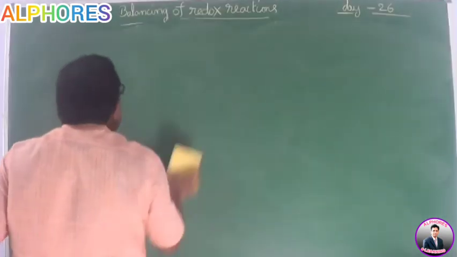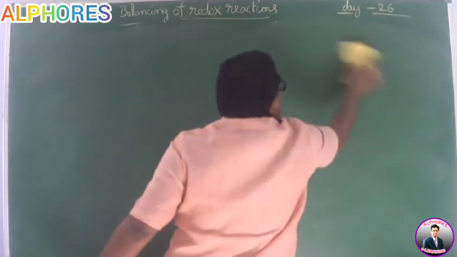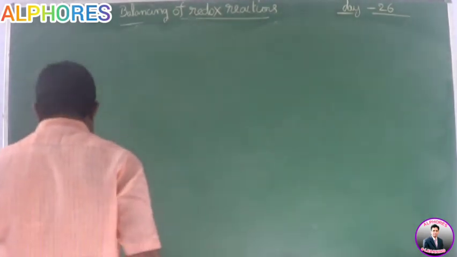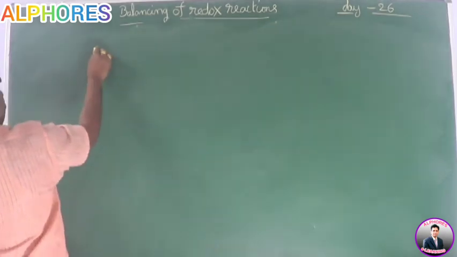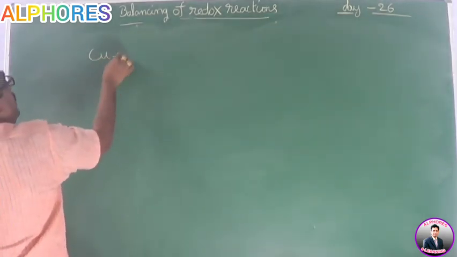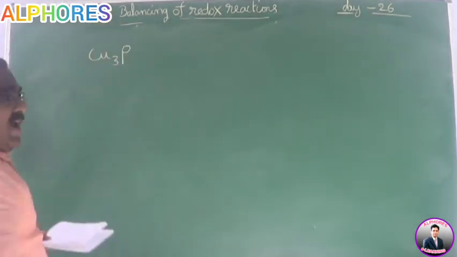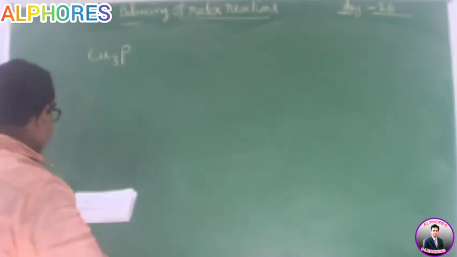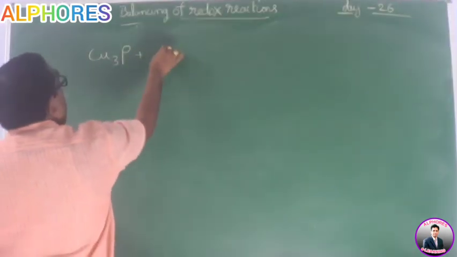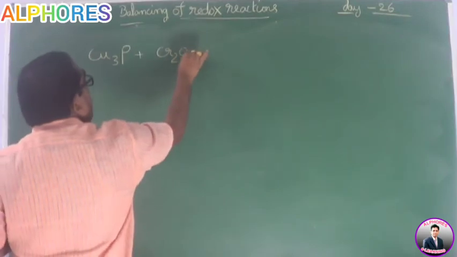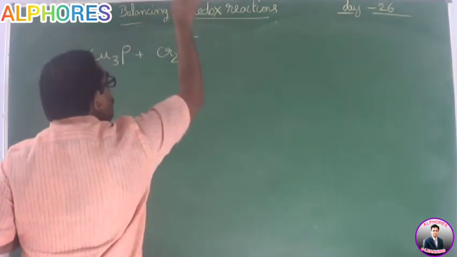Let me write down the question, students. Please note it down along with me. Don't waste time. Let me write down. Copper phosphide Cu3P plus dichromate ion Cr2O7 2 minus.